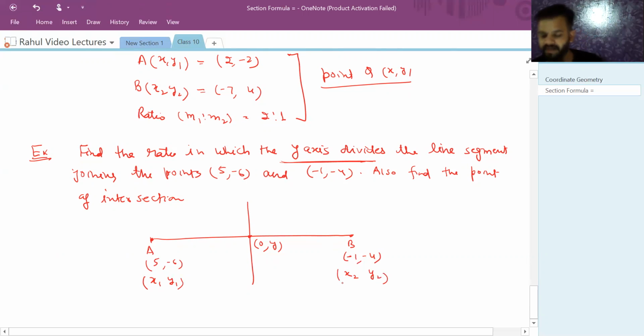So first of all you have to find the ratio. So how to find the ratio? Because y is unknown but x is known. X is known means x is 0.